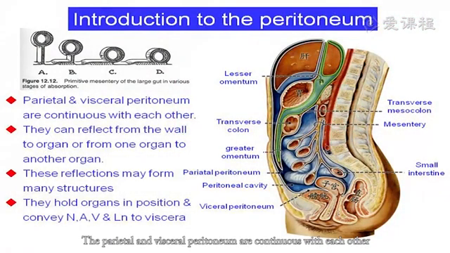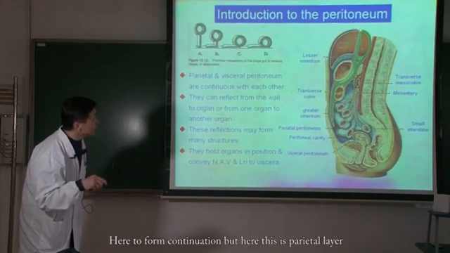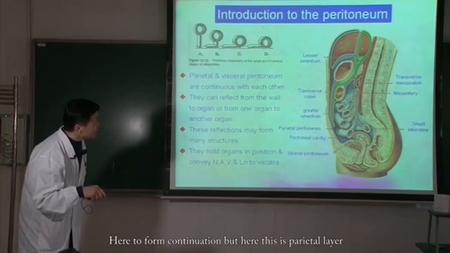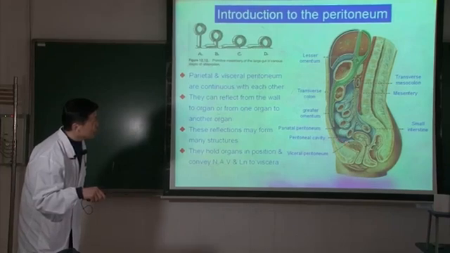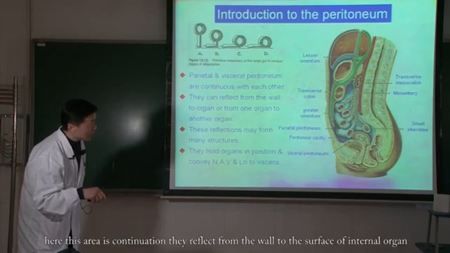The parietal and visceral peritoneum are continuous with each other. Here you can see visceral, here parietal, here forming the continuation. But here, this part we call the parietal layer. But this one covers the urinary bladder, belonging to the visceral part. Here, this area is a continuation.